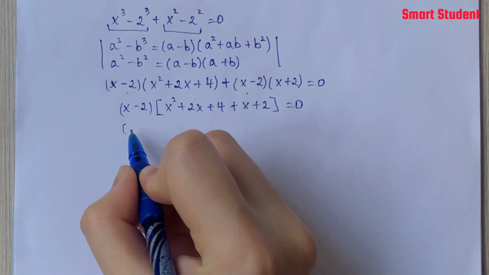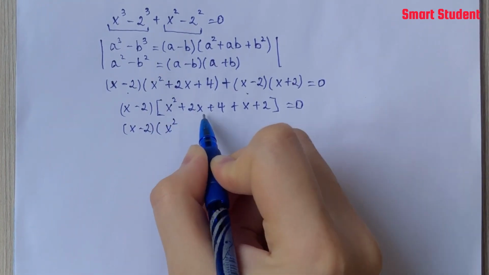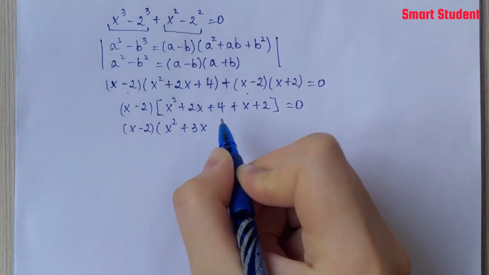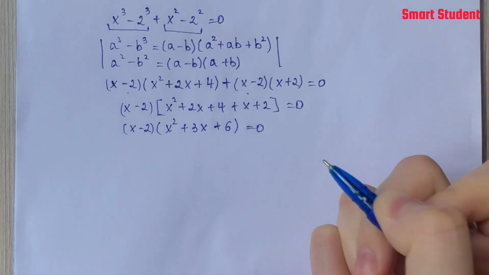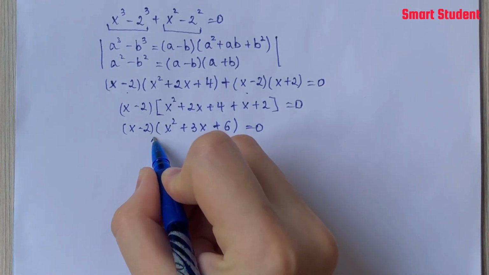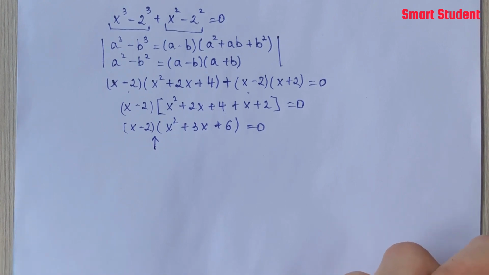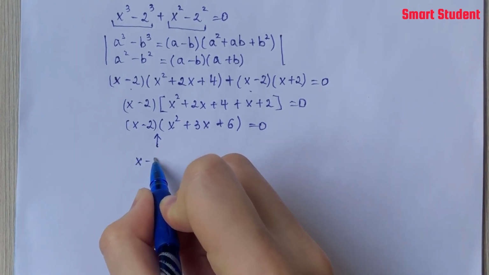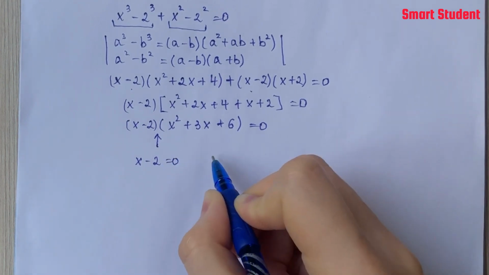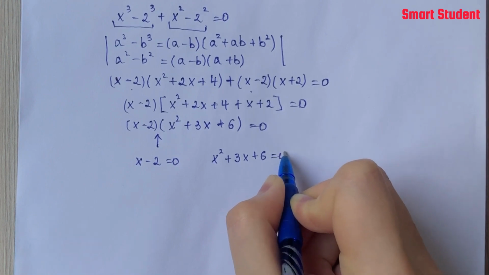Let's solve it further. 2x plus x is 3x, 4 plus 2 is 6, and being equal to 0, this product will be equal to 0 if at least one of these two factors is equal to 0. So you can think of this product will be equal to 0 if x minus 2 is equal to 0, or if x squared plus 3x plus 6 is equal to 0.